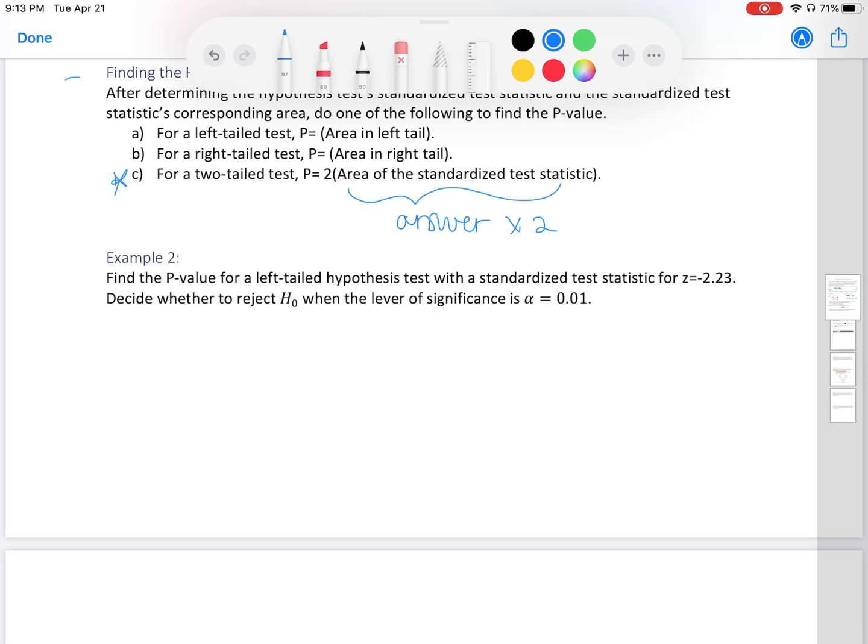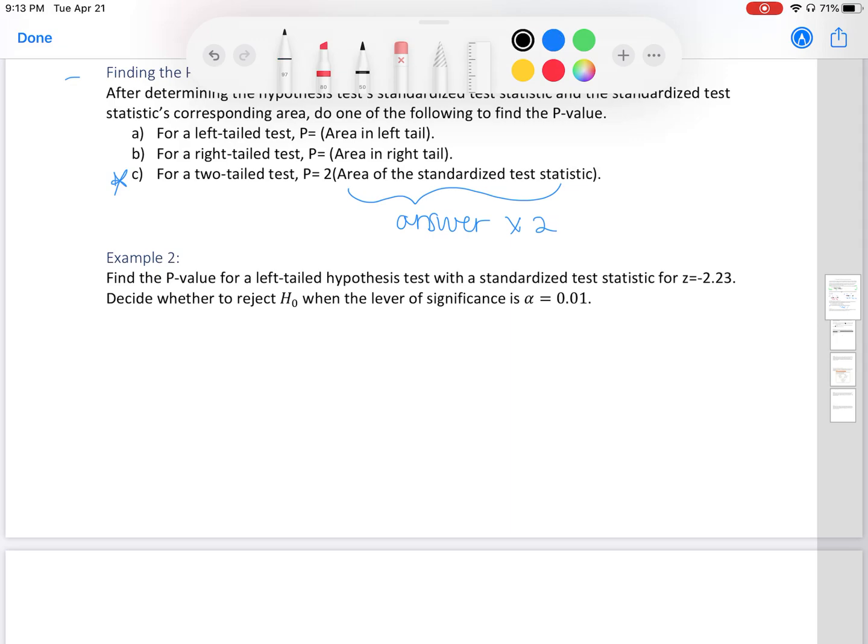Example 2. Find the p-value for a two-tailed hypothesis test with a standardized test statistic of z equal to negative 2.23 and decide whether to reject the null when the level of significance is 0.01. Okay, so this is just a little refresher.